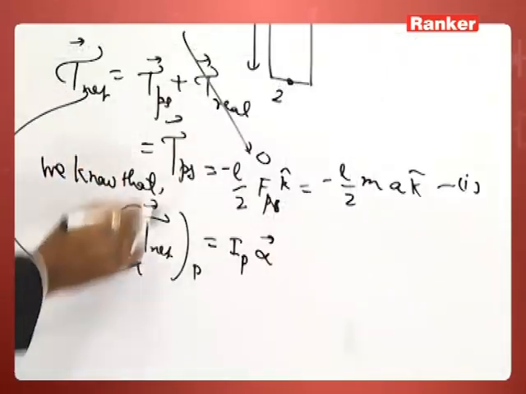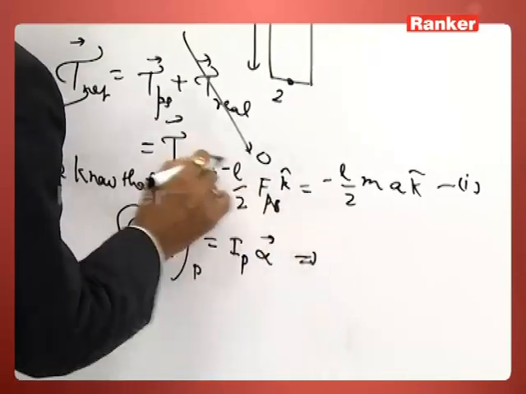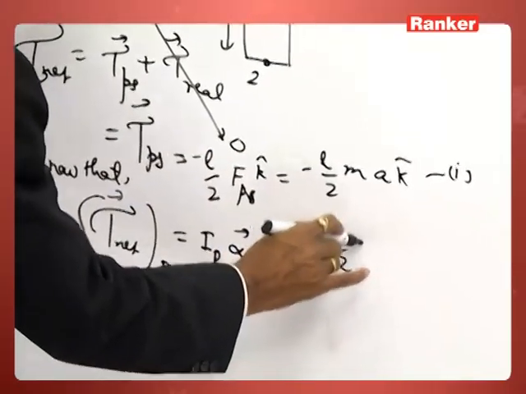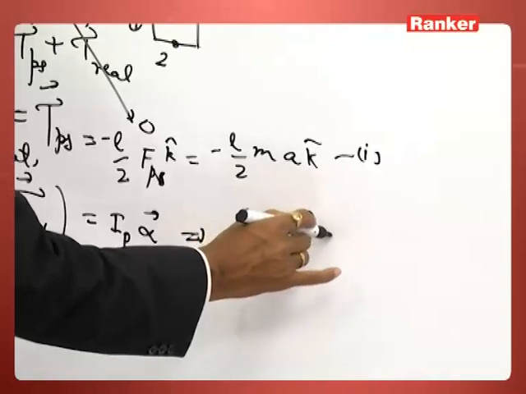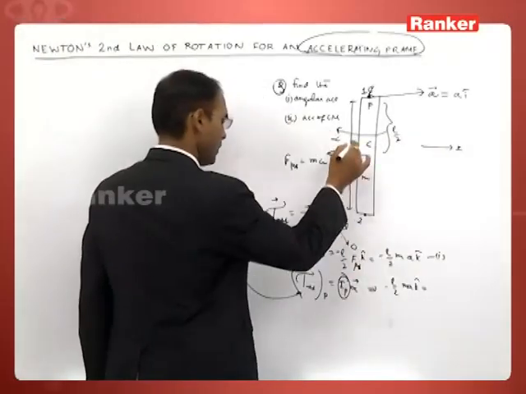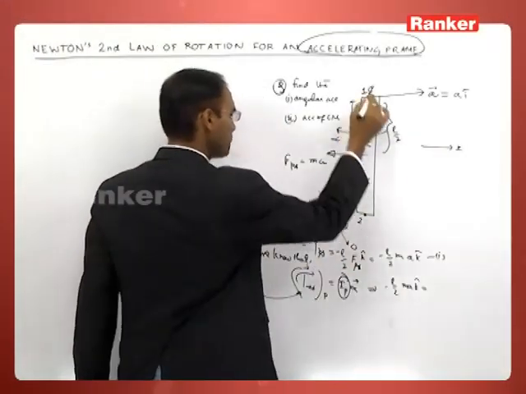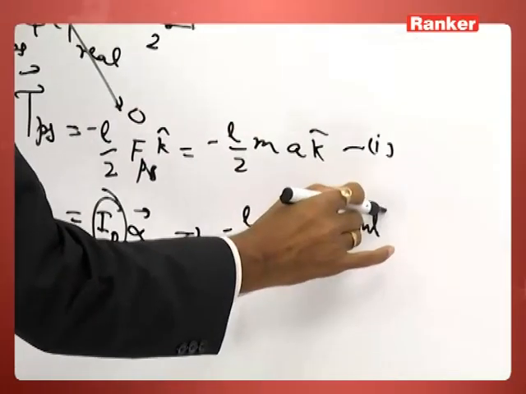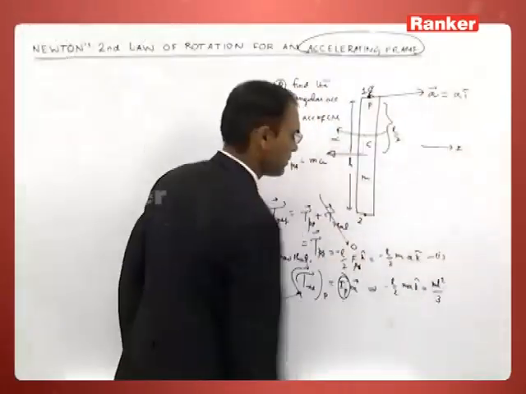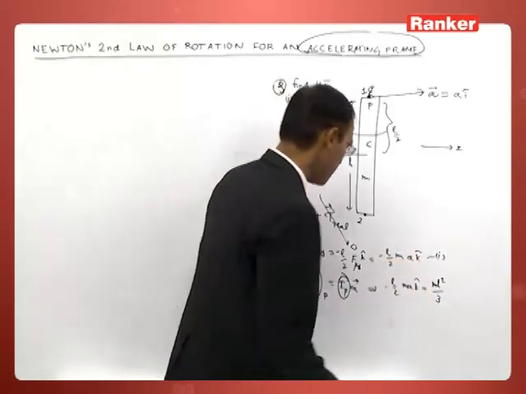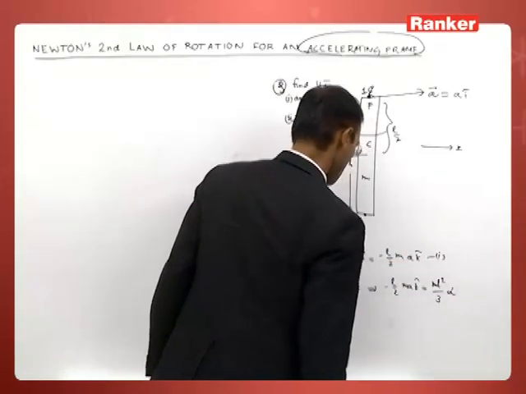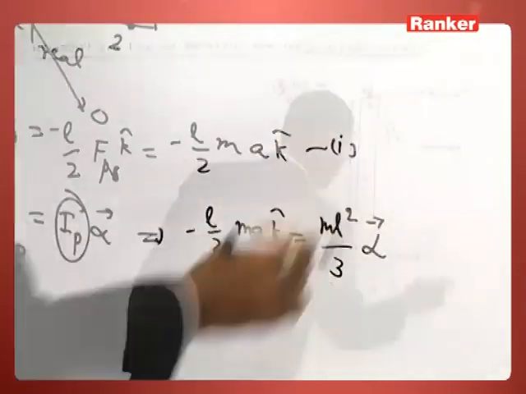Substitute the net torque here to get the alpha. The net torque is equal to L by 2 ma k cap, which is equal to the moment of inertia about this point we have calculated, which is equal to ml square by 3, multiplied with the angular acceleration.